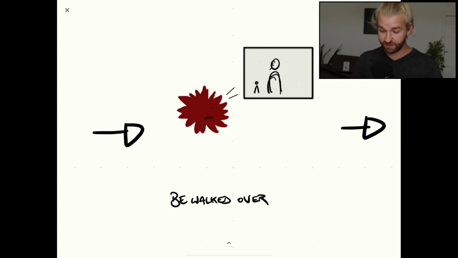And as the part shared, she got this picture of these huge people walking and trampling on her, and she was like, oh, I can get that. That's not cool. But again, she still didn't fully get what the part was so worried about. So she asked one more time, and if people were to walk all over you, what is it afraid could happen then?